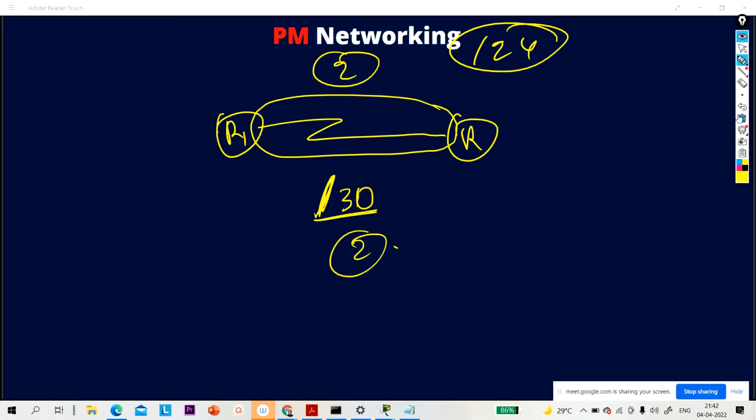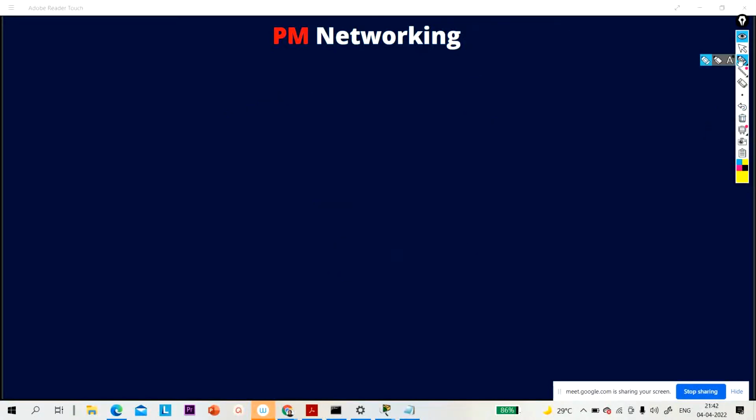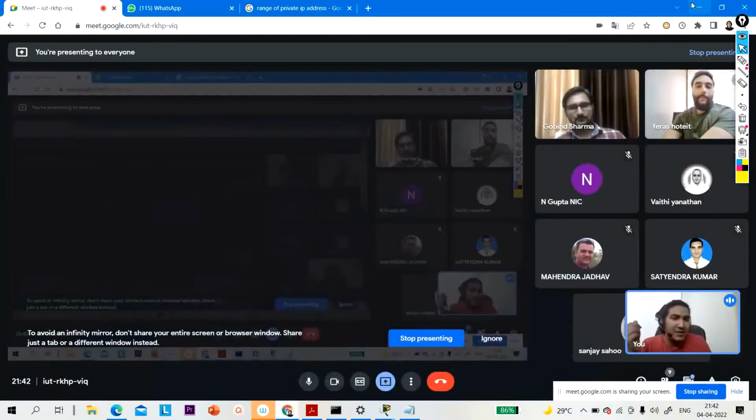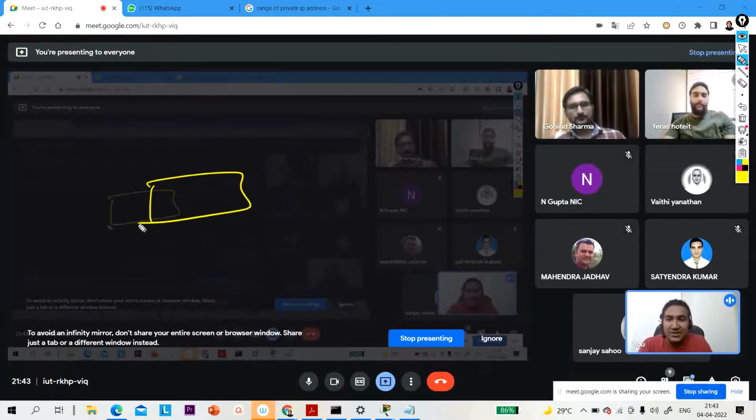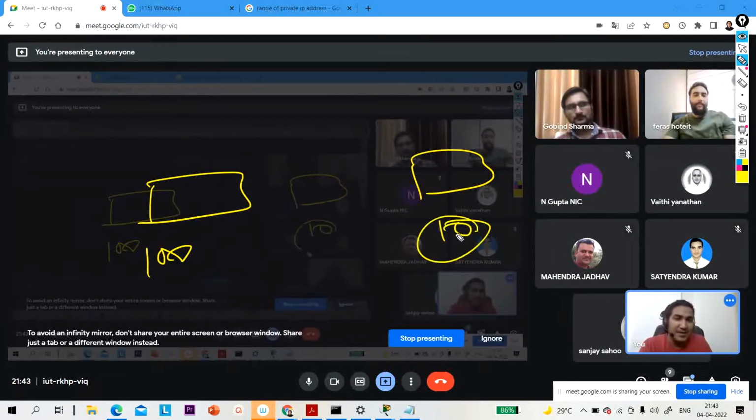And there is one more problem. We are dividing a big network into multiple small networks, but all my networks are uniform, equal. So if I design the network like this, in my first network there will be 100 users, in my second network there will be only 10 users. Then if I do subnetting, I will waste more IP addresses in this network.